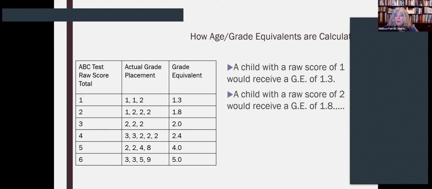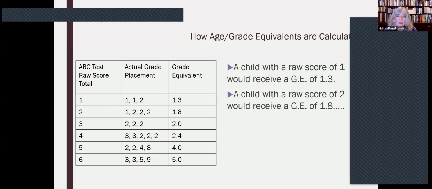You're going to have a wide range. So sometimes you might have a kid in 4th grade who earns one of those low average scores, but the grade equivalent is going to come in as 3rd grade. It's all still in the average range, but it's really upsetting to parents.